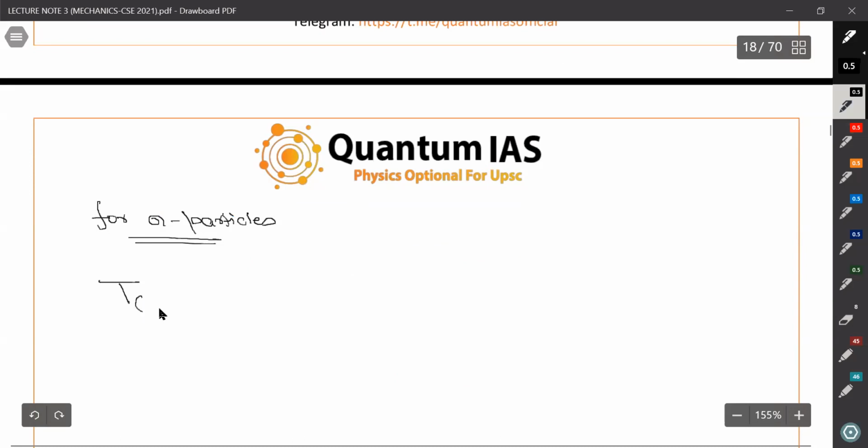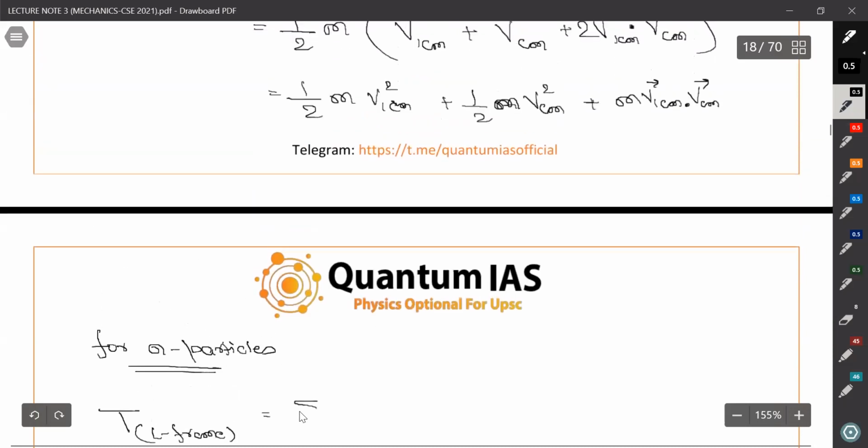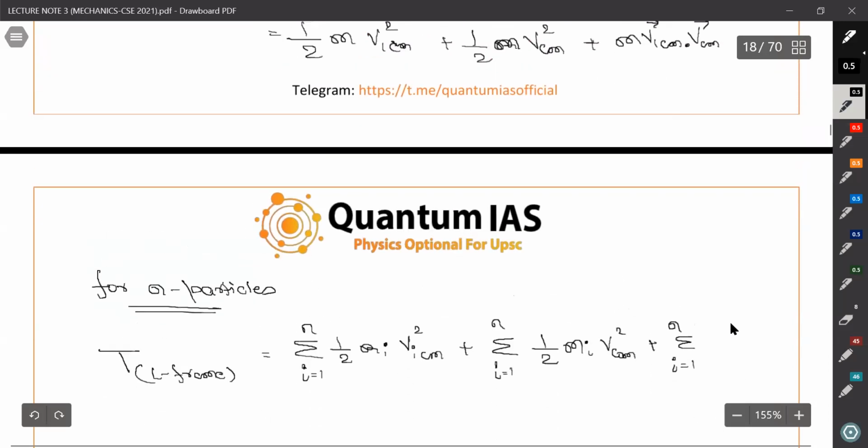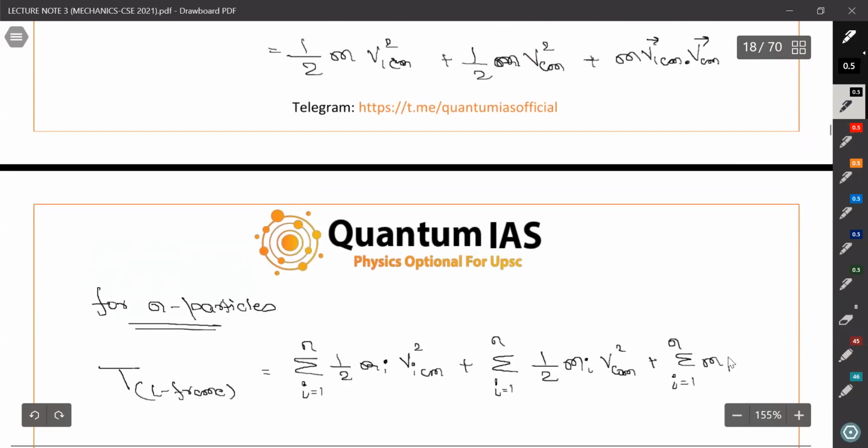So T of the whole system of particles in the L frame turns out to be summation of half mi vi cm whole square, plus summation i equals 1 to n of half mi v center of mass whole square, plus summation i equals 1 to n of mi vi center of mass dot v center of mass.